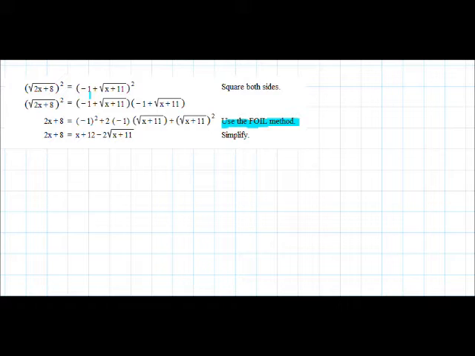So here we go. What I do is I first take that -1 and I distribute it here, and I distribute it here. So let me change pens.